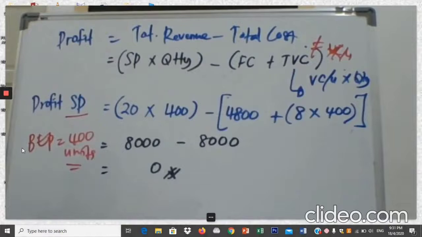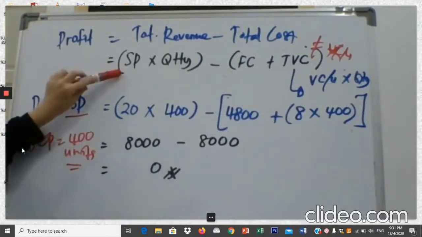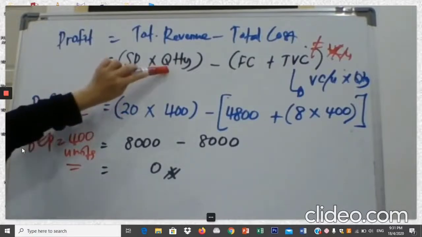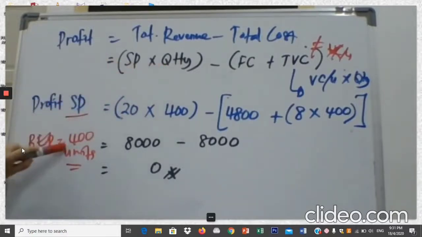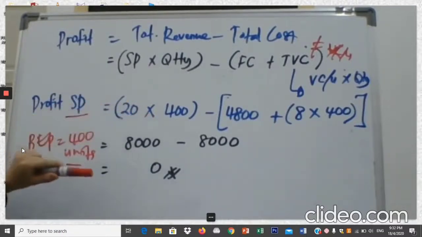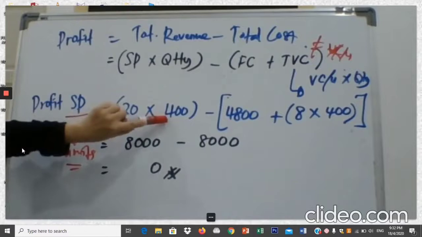Okay, so now let's calculate profit for Sungai Petani. Selling price as given in the question is 20 ringgit times the quantity that we want to use over here is the break-even point quantity. Kita nak tahu betul tak by producing 400 units the company will get zero profit. So we use 400.